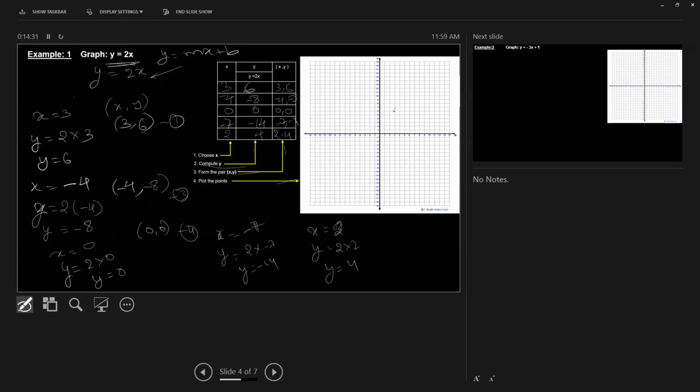And the second point, minus 4 comma minus 8, is here. And 0 comma 0 is here.